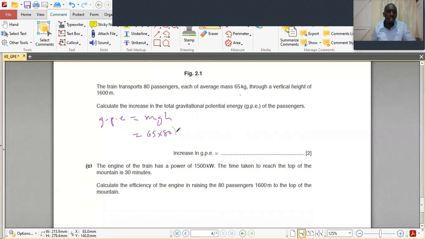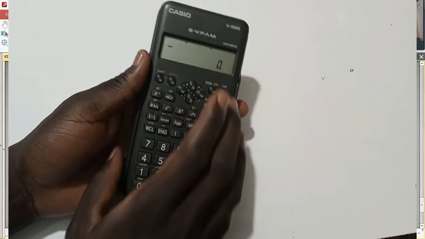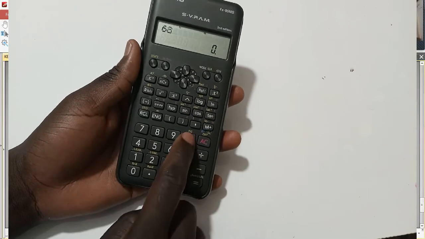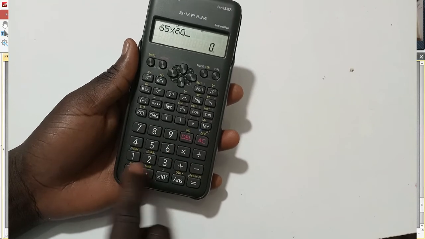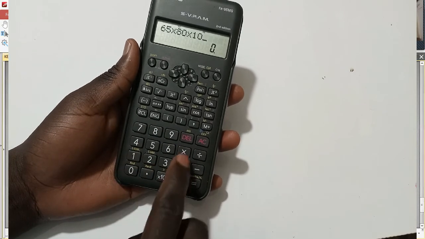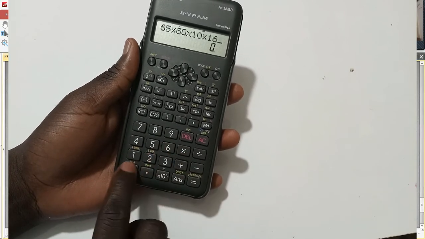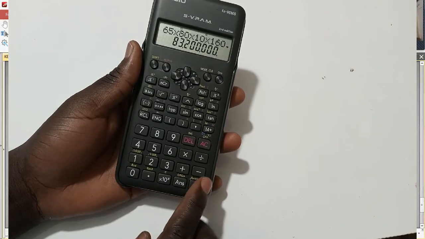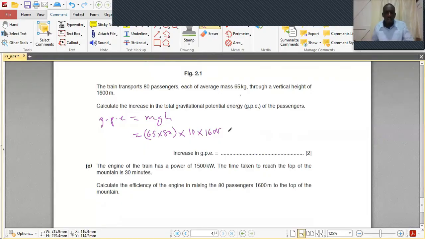We multiply with g, which is 10, times the height, that is 1,600. That gives me 83,200,000.